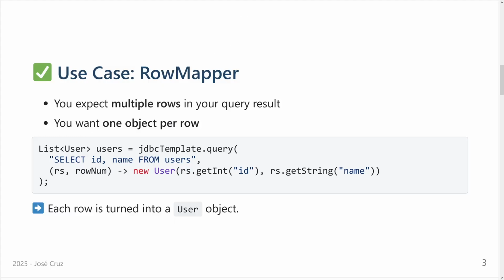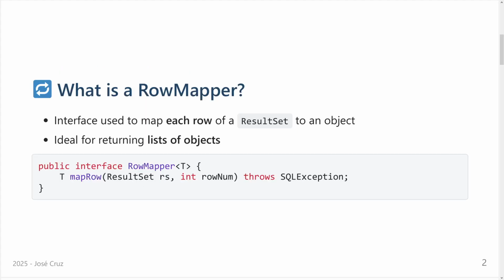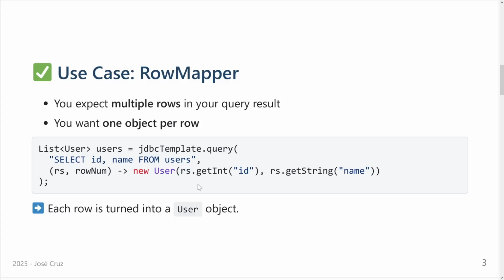So when we want to use the RowMapper, we perform the query using our JdbcTemplate query, then we provide the SQL query, and then we provide our implementation for this interface, which is this one. And you can see here that we have these two parameters, a result set and a row number, and then we can do whatever we want with these parameters.